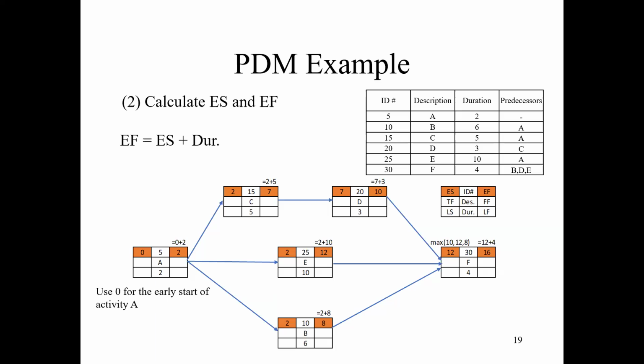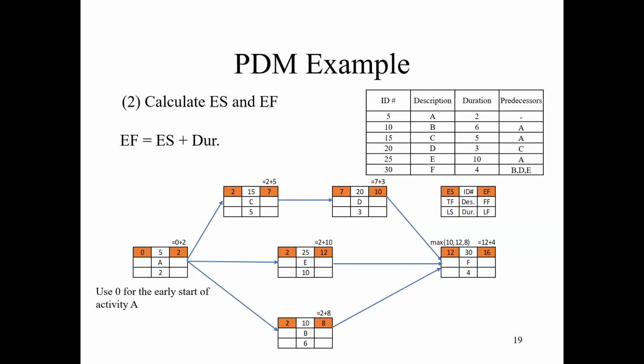And you can add in the duration, get a 7, adding the duration, get a 12, adding the duration, get 8. That is the easy way, right? And you can do the same from C. You have early finish time 7, so D has early start time 7. 7 plus 3, you get 10.